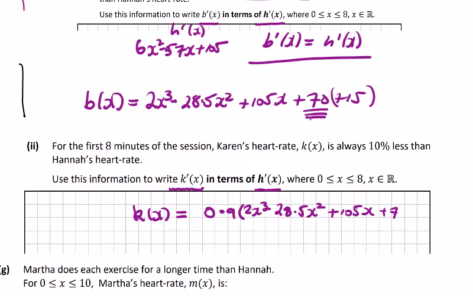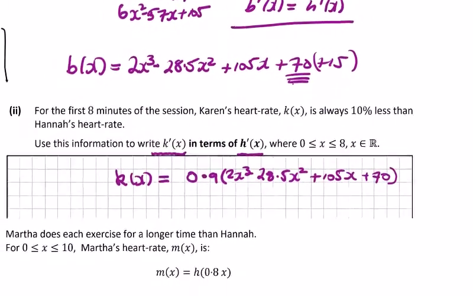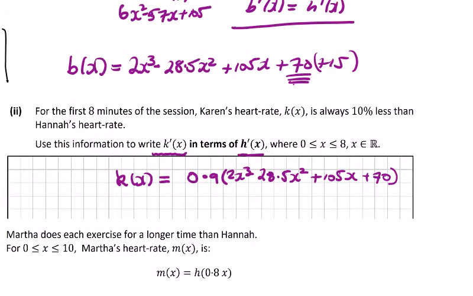Her heart rate will always be 10% less. That's 90% of her function. So do they want us to multiply this out, or just write it in simple terms? It's in terms of h prime x.